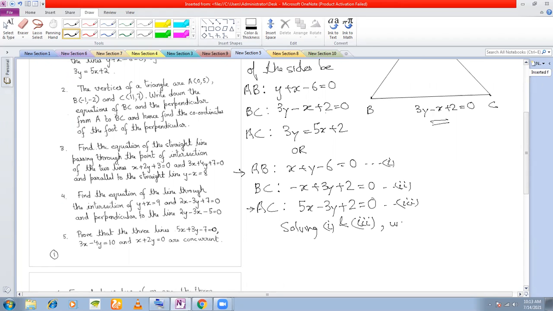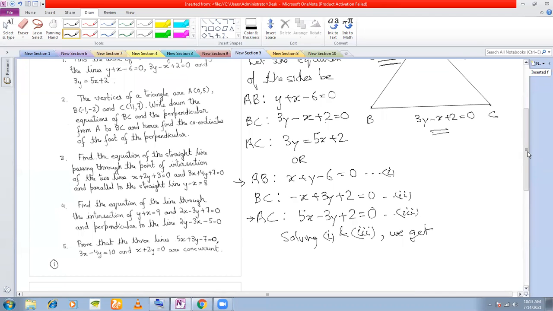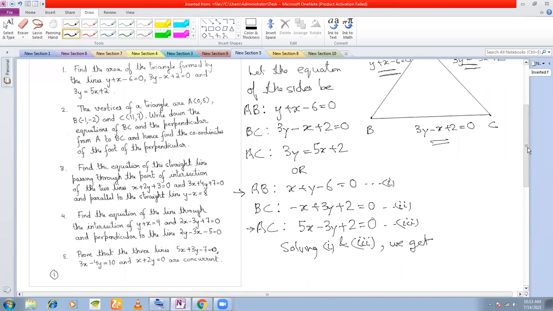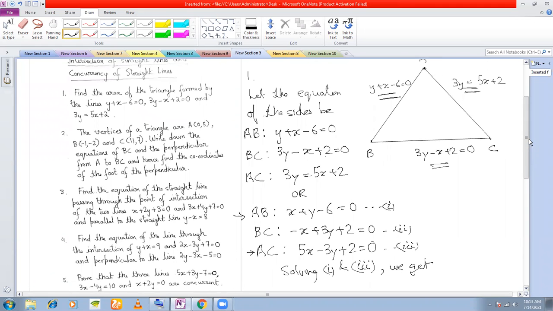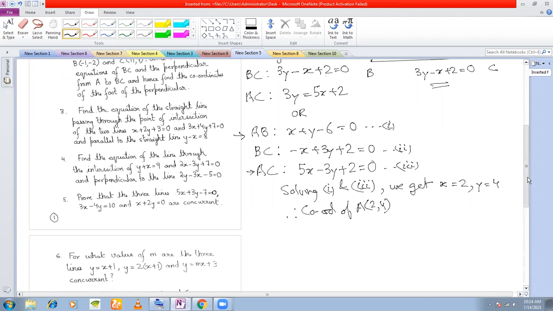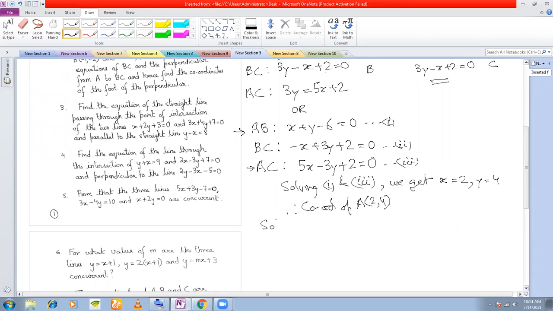Solving 1 and 3, we get x is equal to 2 and y is equal to 4. So therefore the coordinates of A will be 2, 4, right?